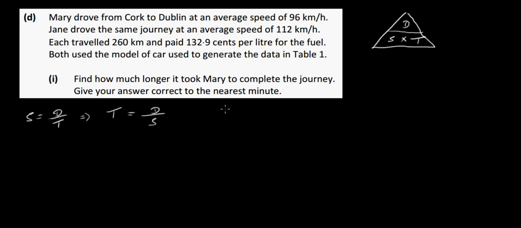Okay, so let's have a look at each one individually. We have Mary first. So the time for Mary is going to be time is equal to the distance she traveled, 260 kilometers, over her speed, which was 96 kilometers per hour.